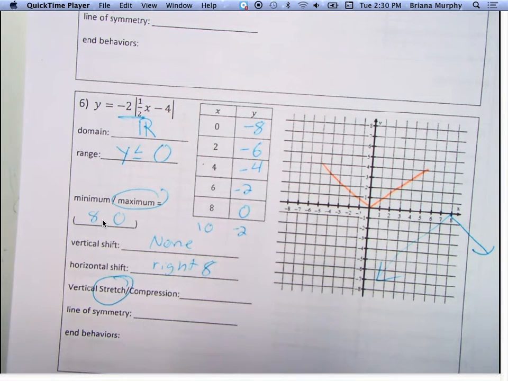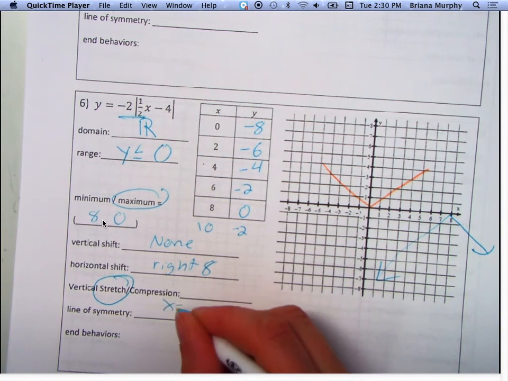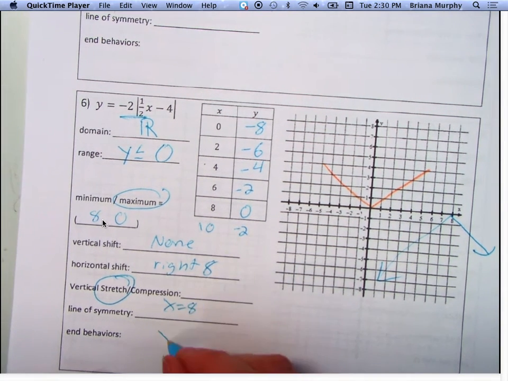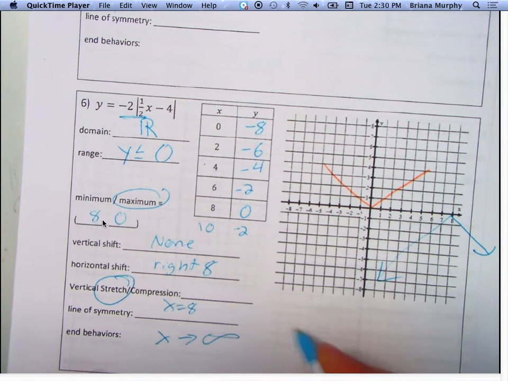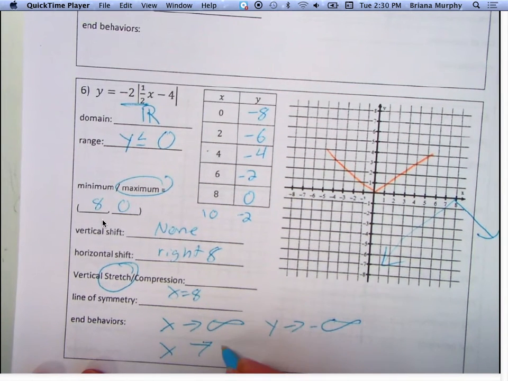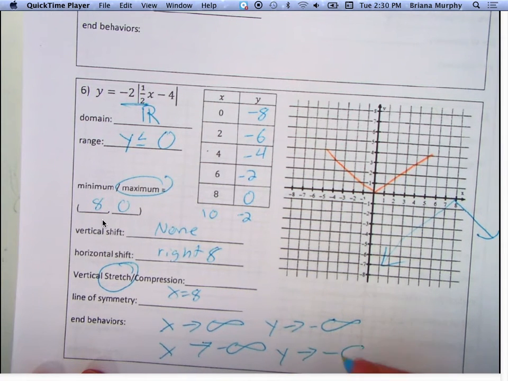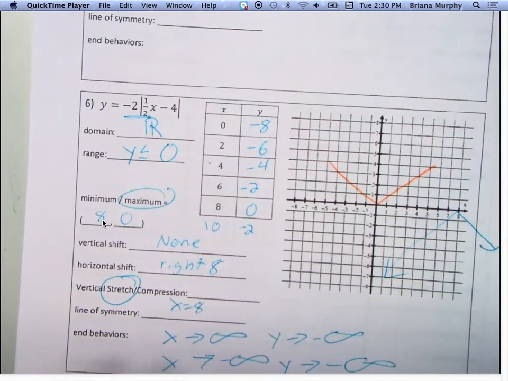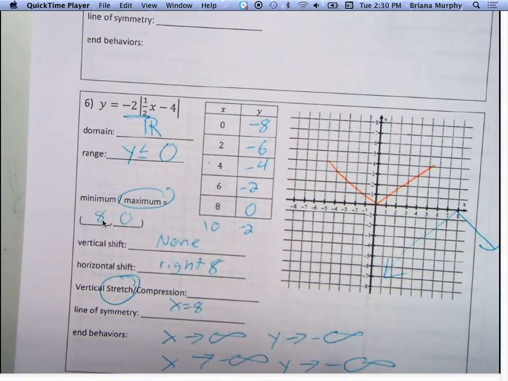But negatives don't make a difference. My line of symmetry is x equals 8. As x approaches infinity, y approaches negative infinity. As x approaches negative infinity, y approaches negative infinity. So it didn't look like I stretched it at all or compressed it.